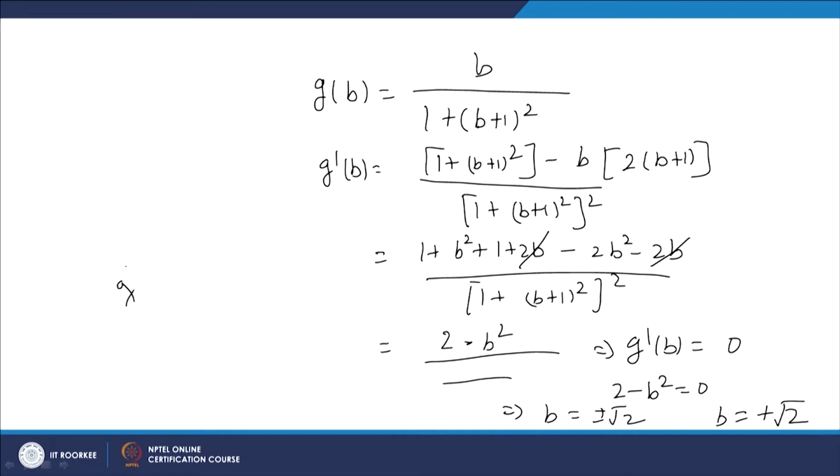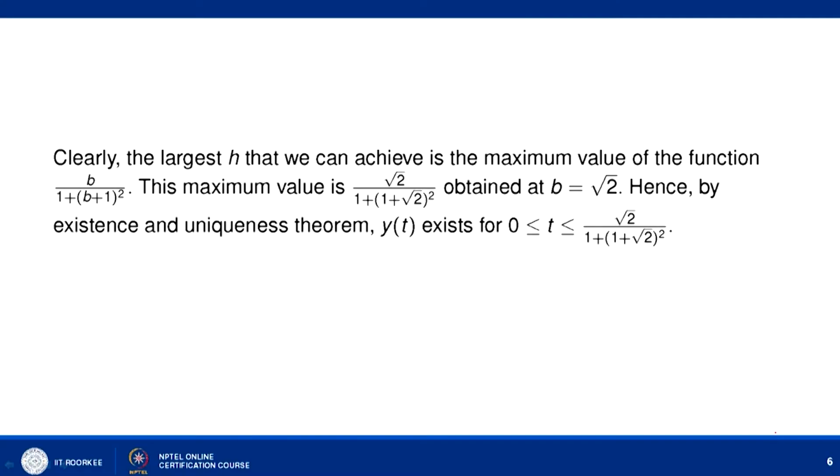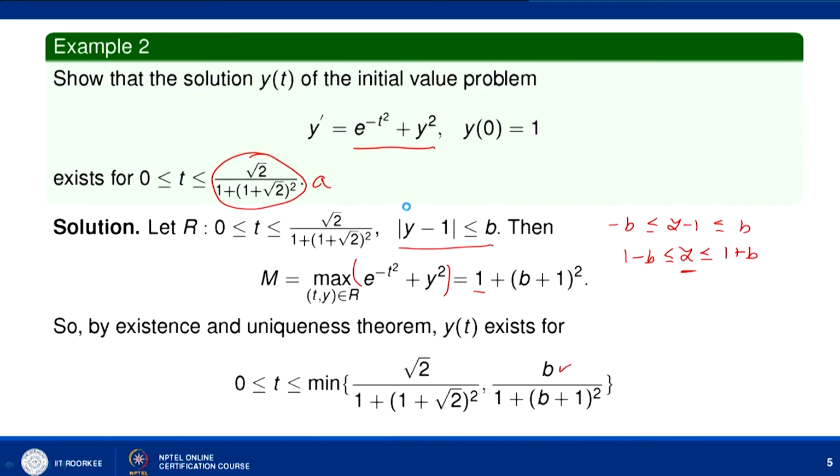We leave it to you to show that this actually maximizes the value of g of b, using the maxima-minima result. So, here we have seen that g of b can be maximized for b equal to root 2, and the value of this quantity when b equals root 2 is given as root 2 upon (1 plus root 2) whole square, and it means that the solution of this problem exists for this quantity.